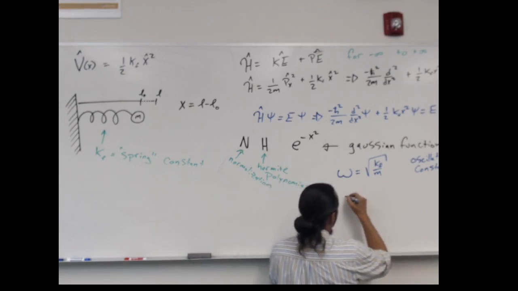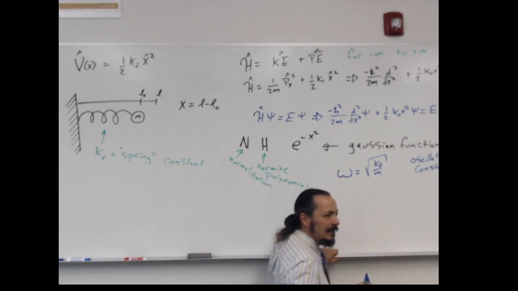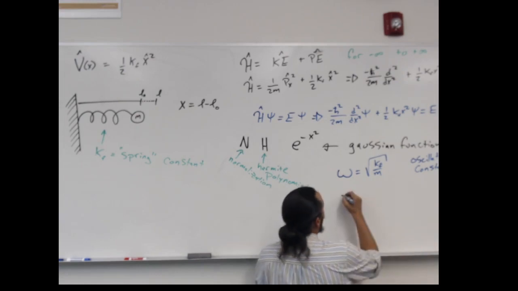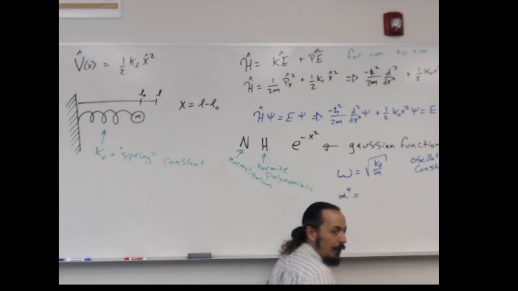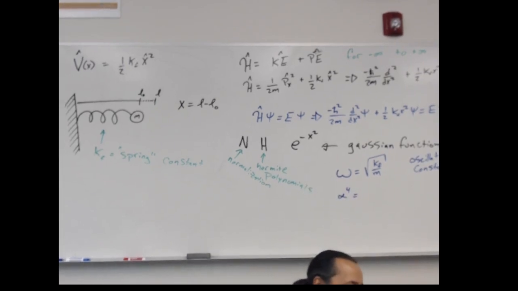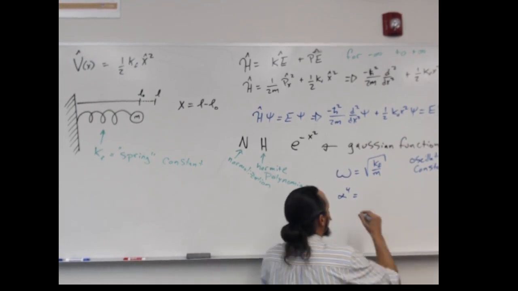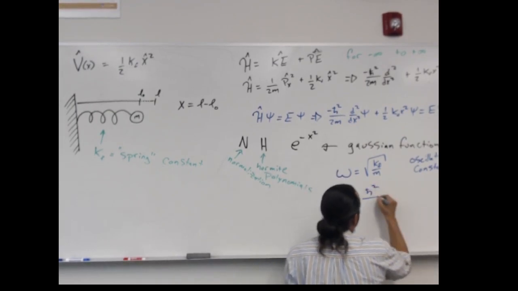But the second parameter, I'm going to do it the way your textbook does, since that's the textbook you have. A little bit different. There's this alpha to the 4th term. And I couldn't figure out why it was alpha to the 4th. Eventually I figured it out, and I'll show you why it ends up being alpha to the 4th. But this alpha to the 4th term is equal to h bar squared over m kf.